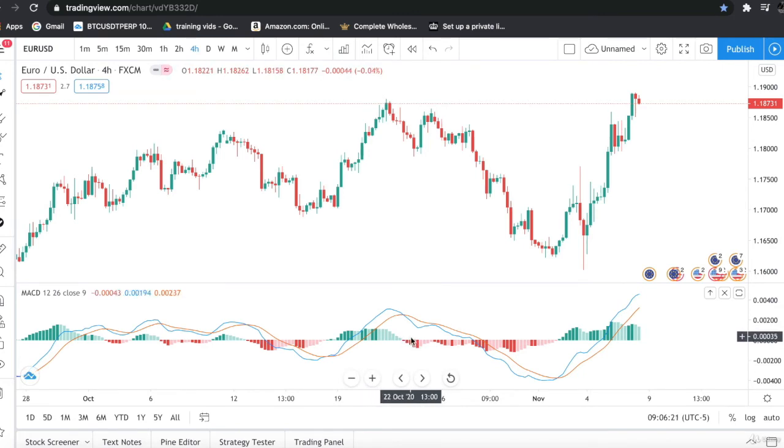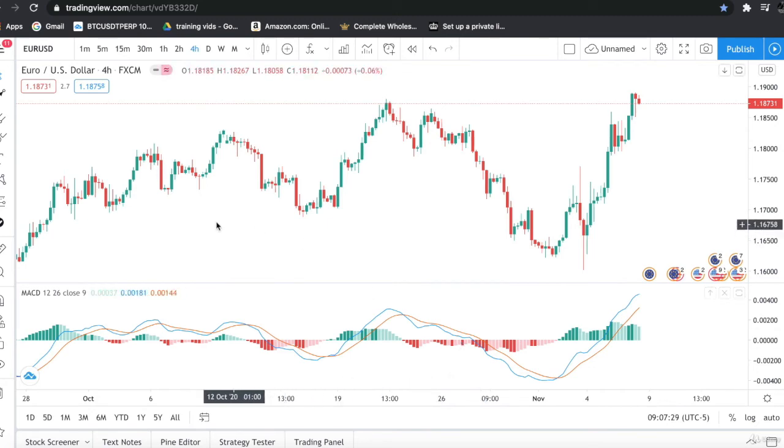These histograms mean that there is a strong selling activity, and the selling activity was going on and on. You have to keep the eyes on the histogram. The darker the histogram is, it means that there is a strong buying or selling activity. If the histogram turns lighter or transparent, it means that the buying or selling activity is gradually decreasing. You have to keep an eye on it.